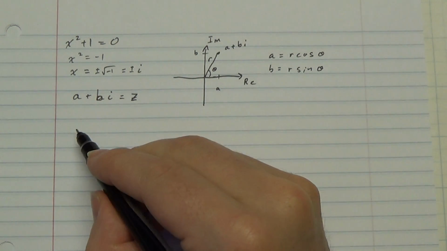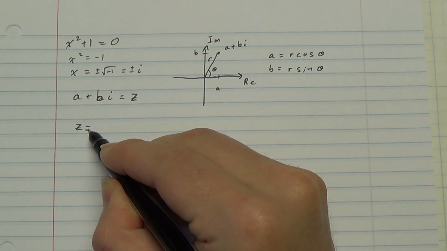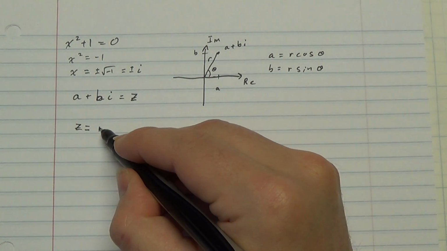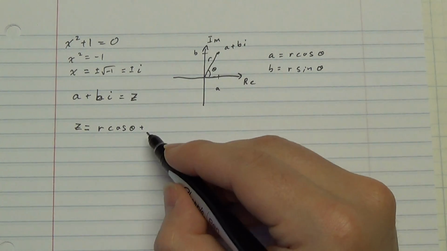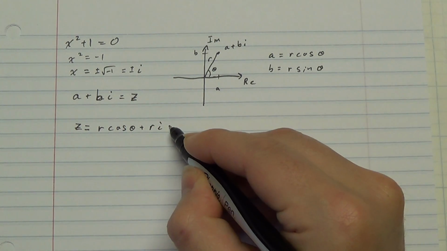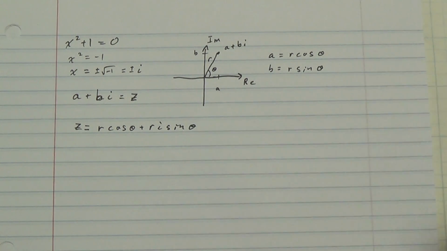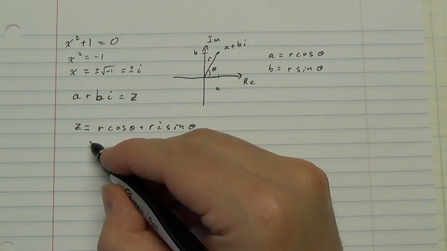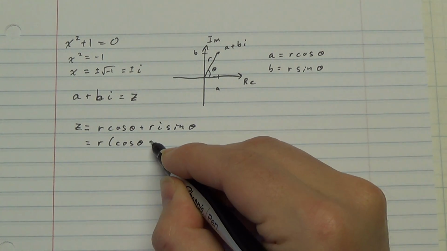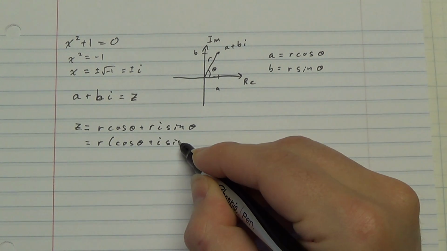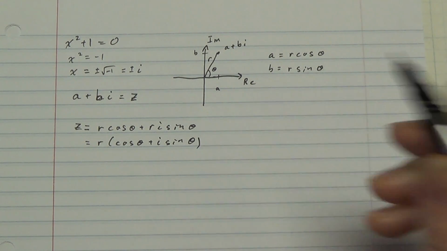So z is a plus i times b. Okay, take the r out, and we get r times cosine theta plus i sine theta.